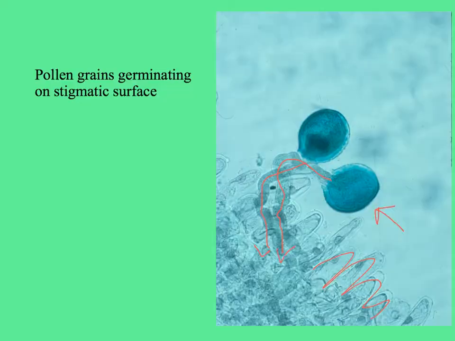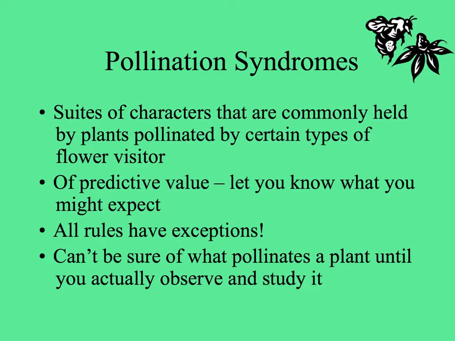So flowering plants fit into pollination syndromes, which are suites of characters commonly held by plants visited by certain types of flower visitor. These are categories that let us predict who the pollinators might be.